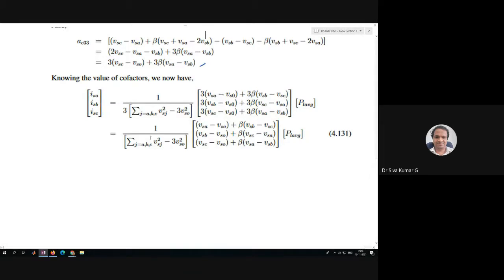We can take out 3 and finally we get this equation of the source currents ISA, ISB and ISC. These are the reference source currents.